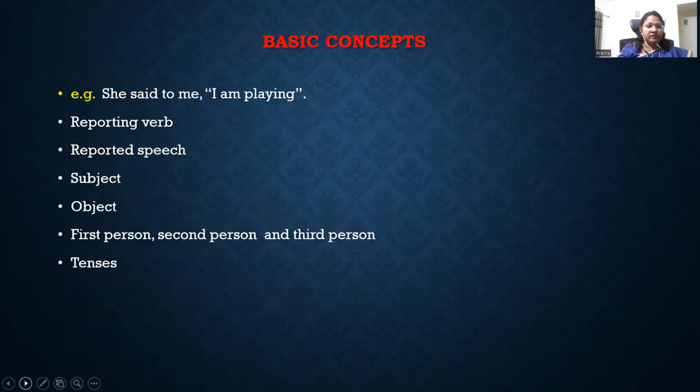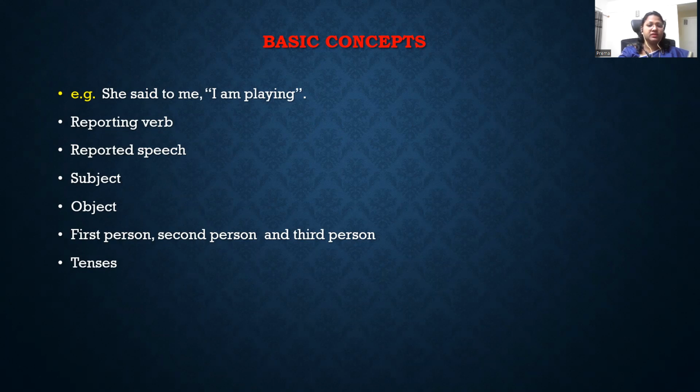Then we should know some of the basic concepts before we change direct to indirect speech. We'll see one by one what the basic concepts are. One is reporting verb. What is a reporting verb? What is reported speech? What is the subject? What is the object? What is the first person?